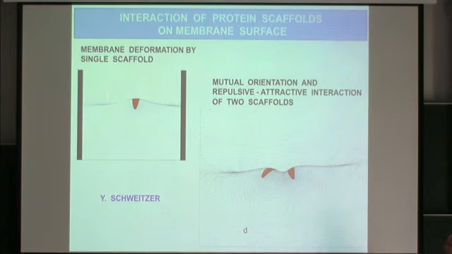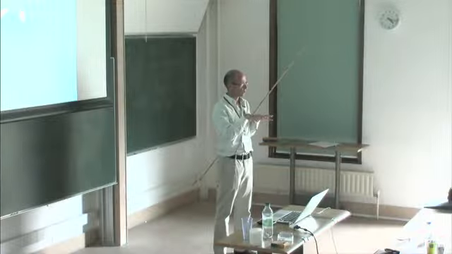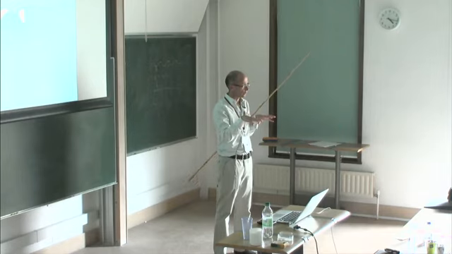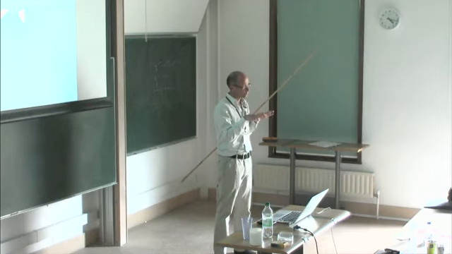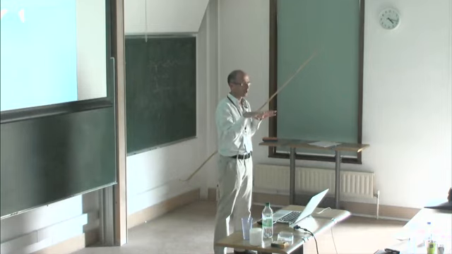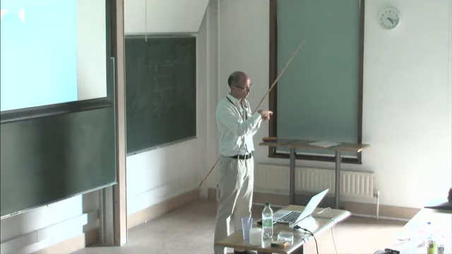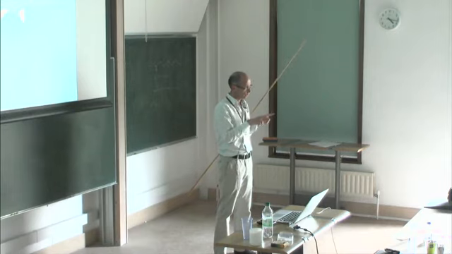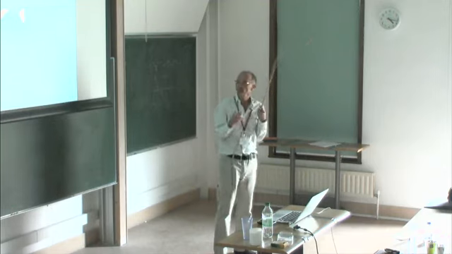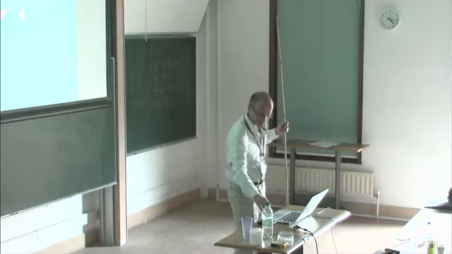So the bottom line is the following. If the particles are axially symmetric, they repel each other. If they are asymmetric to some extent, either they have an asymmetric, elongated shape, or they have different curvature in two directions, then they have also an attractive component of interaction, but the repulsive component is also there.